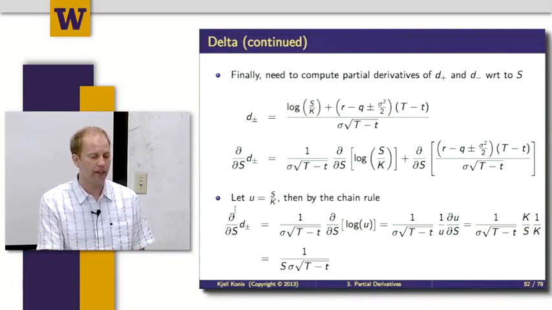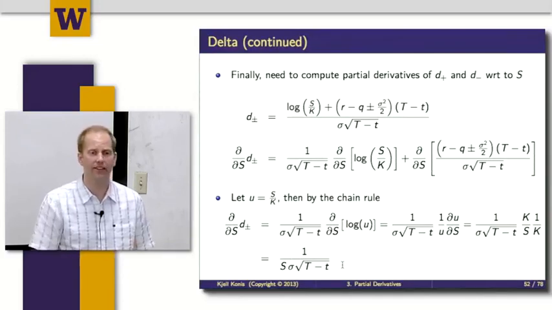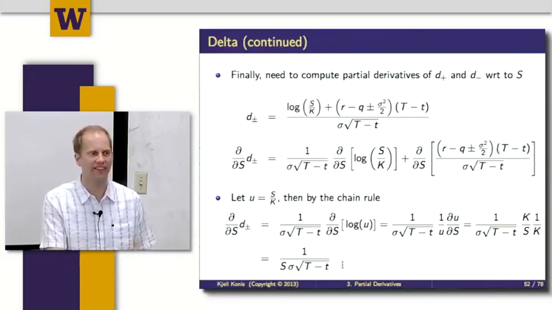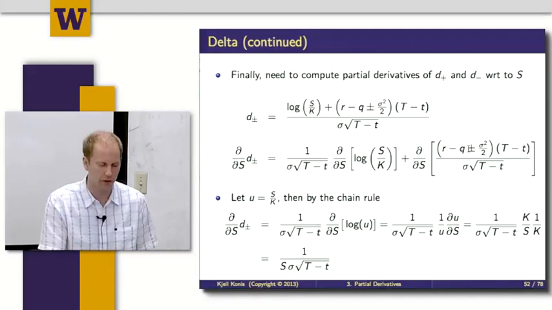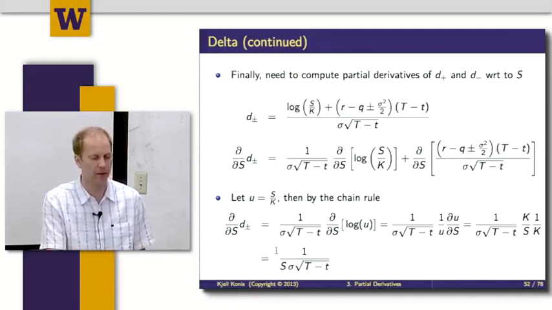And I end up with the partial derivative with respect to s of either d plus or d minus is just 1 over s times sigma times the square root of T minus t. So in this case, I was able to get both of those calculations because the plus or minus bit didn't depend on s, so that ended up being 0. So it wouldn't matter if I was taking the derivative of d plus or d minus. I'm going to get the same expression here.